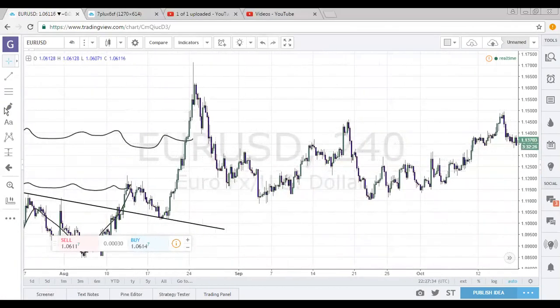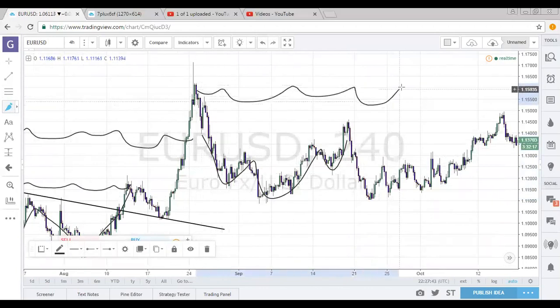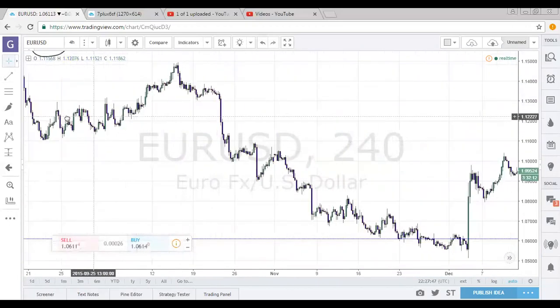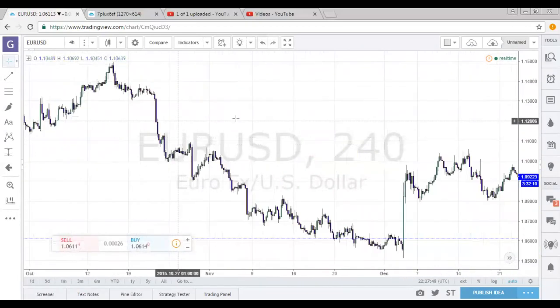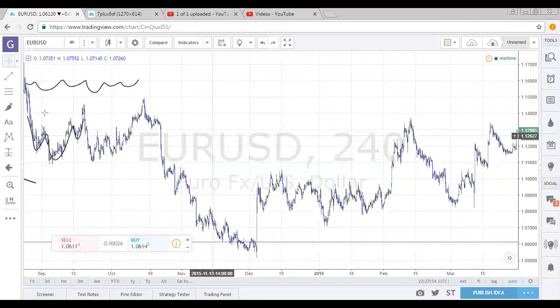Inverted head and shoulders. Okay. Water. It's there. Sometimes it doesn't get met, but one day it will be. It's just all a part of the big picture, guys.